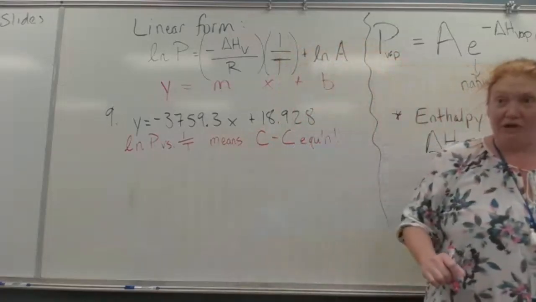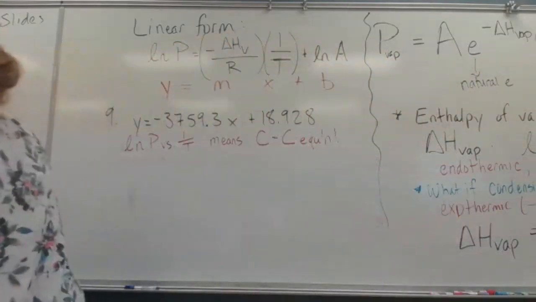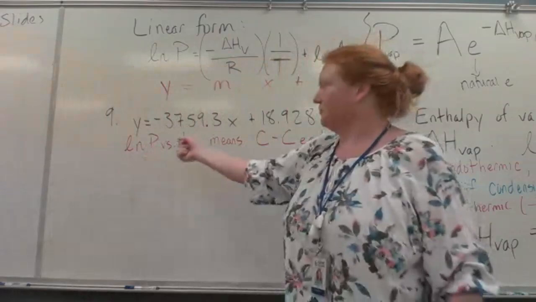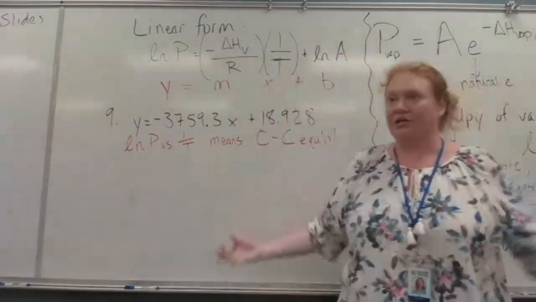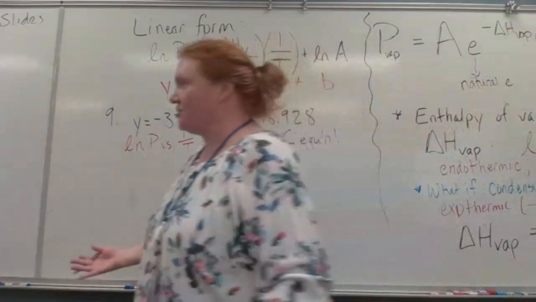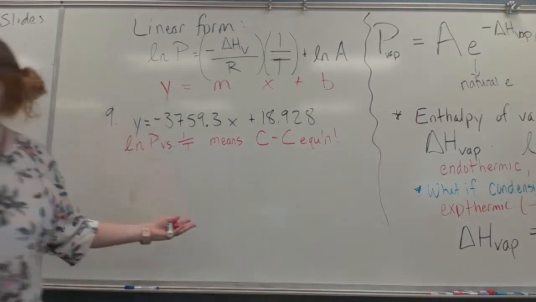The Clausius-Clapeyron equation. If you're told a graph of natural log of vapor pressure versus 1 over the temperature, that means you're dealing with the Clausius-Clapeyron equation, because that equation is about the relationship between pressure and temperature. It's this.